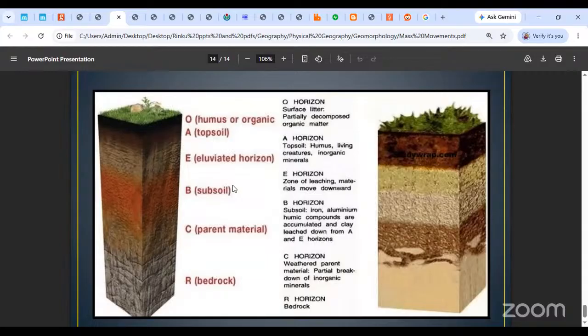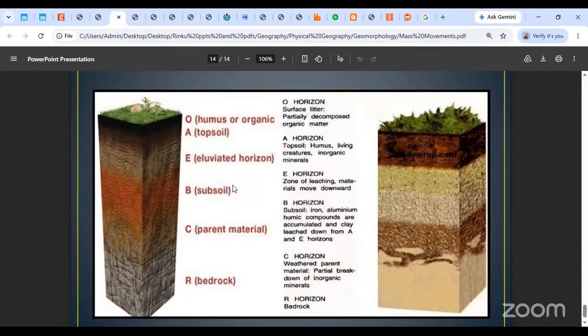Sorry, below the topsoil you get the eluvial horizon, the E horizon. In that layer, finer materials, because of the passage of water, when the water seeps downwards, move along with the water from the E zone to the B and C zones. They start moving downwards.